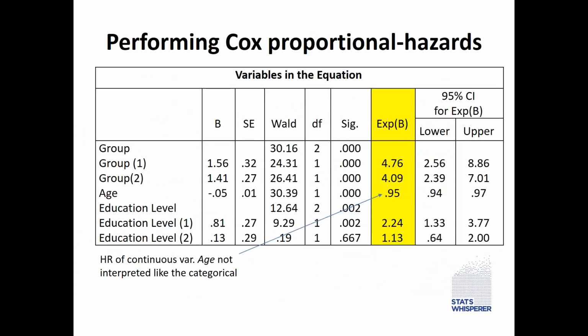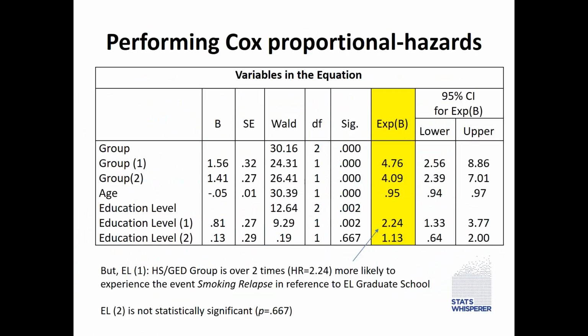Then what else? Now keep in mind, age is a continuous variable, so don't interpret the hazard ratio in the same manner as the categorical variables. It's a little different, so we can't call it like that, but we can do it with education level, right?